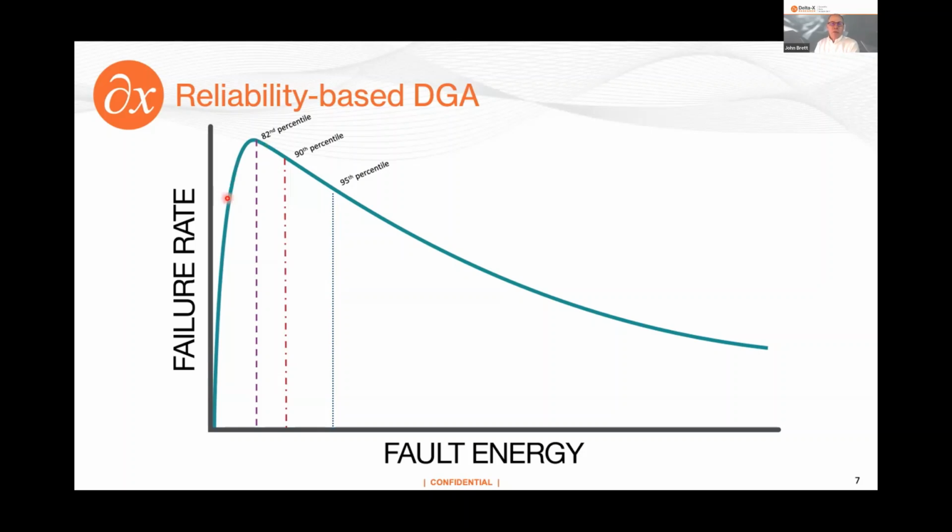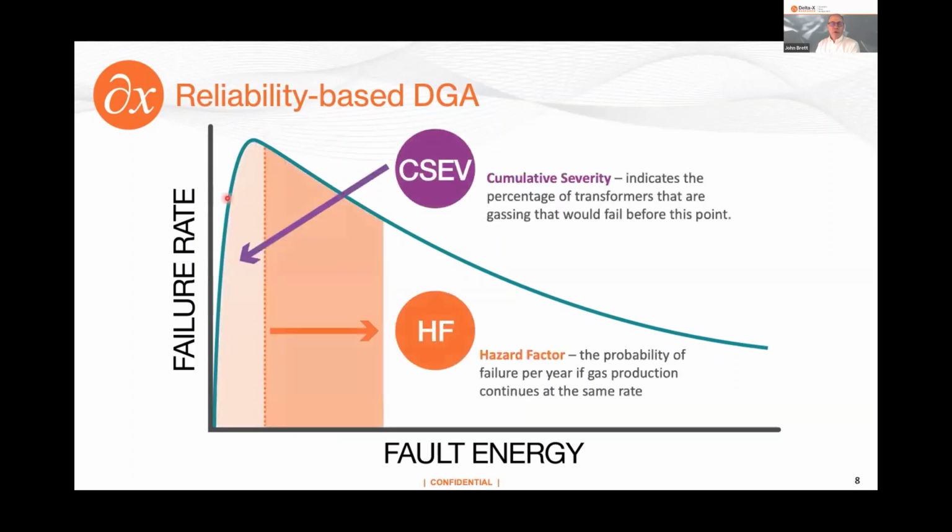Okay, and what we do with this model is for any particular transformer of interest, which is basically every transformer when you're doing your annual sampling, you can compare it with the model. And this dotted line represents the current fault energy of a particular transformer of interest.